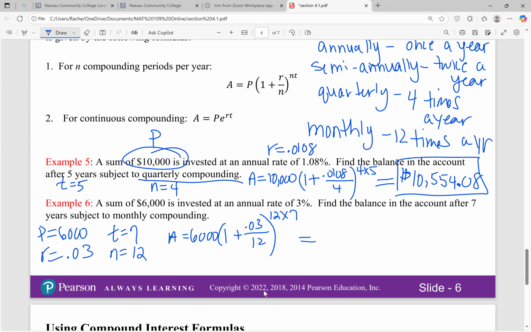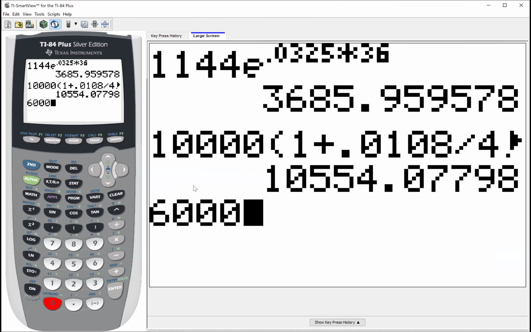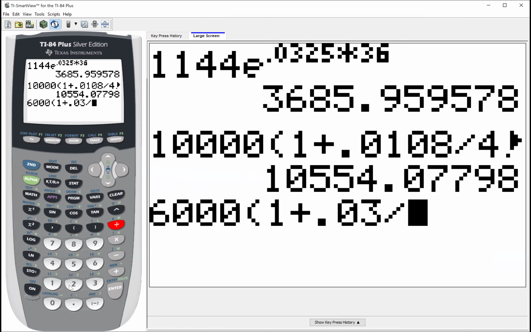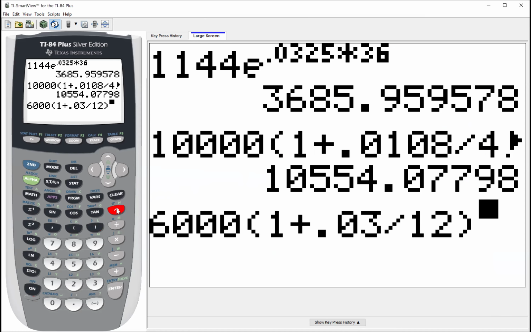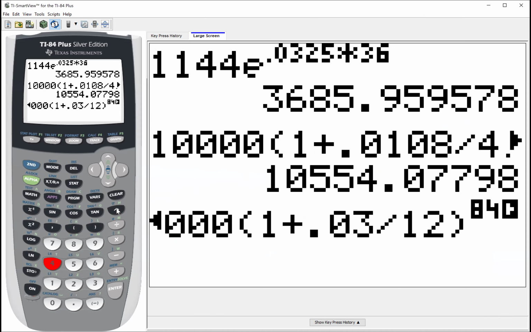So we have 6,000 times 1 plus 0.03 divided by 12. And we're going to raise that to the 7 times 12, or 12 times 7, right? And 12 times 7 is just 84. So I'm just going to type that in as 84.